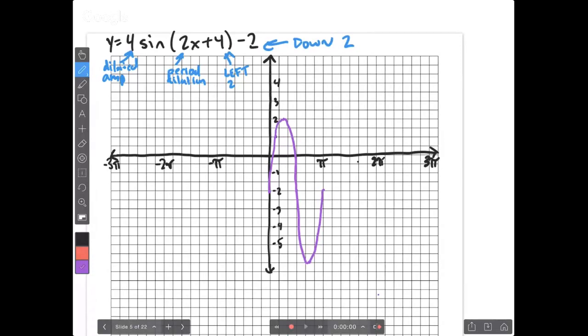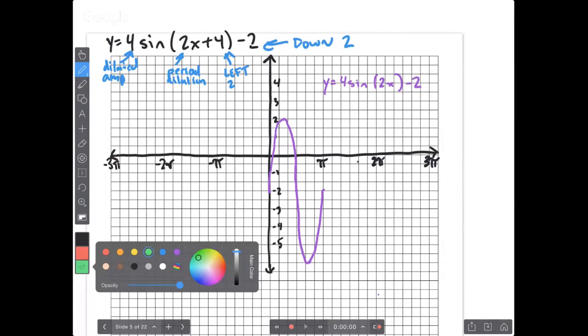So there's the graph. This is y equals 4 sine of 2x minus 2. If I just had that, that would be 4 sine of 2x minus 2.